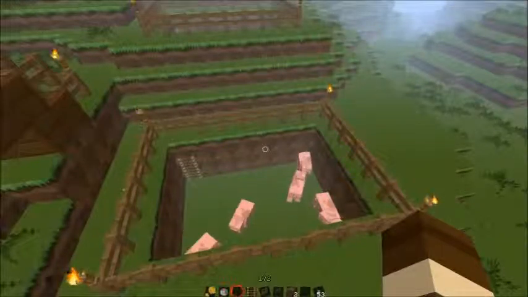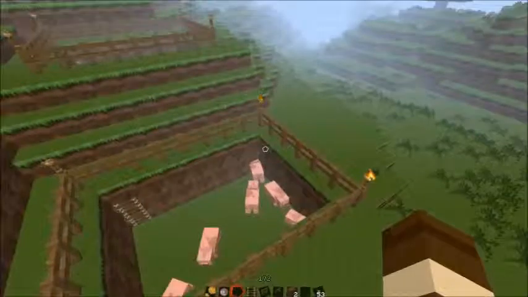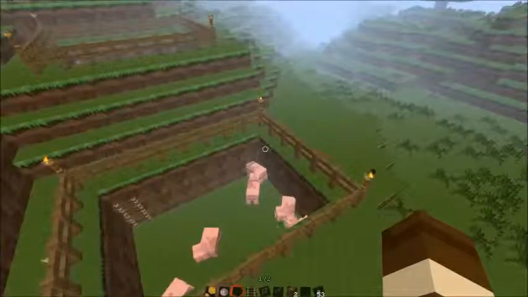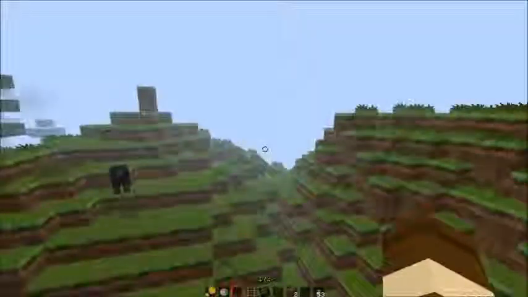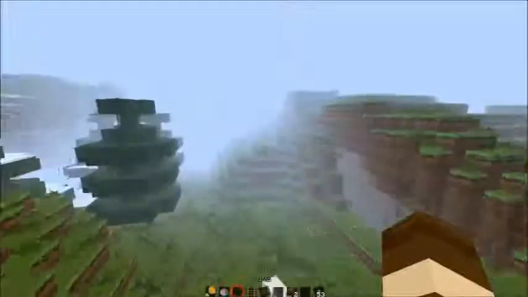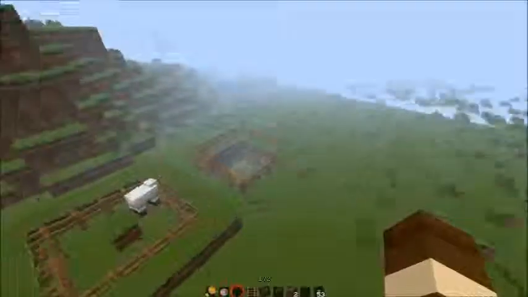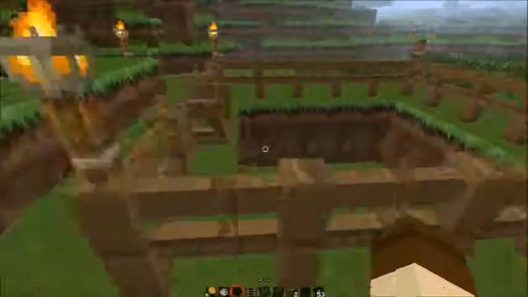However, after some further thinking about it, I believe that 2 blocks are the optimum height you would need in order to ensure that none of your animals escape. So that is the one setup I would recommend for creating an animal pen to keep your animals in.